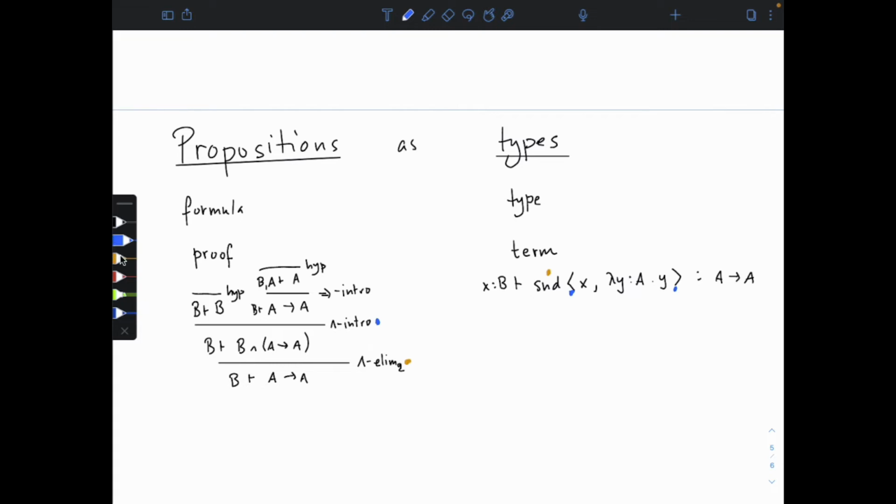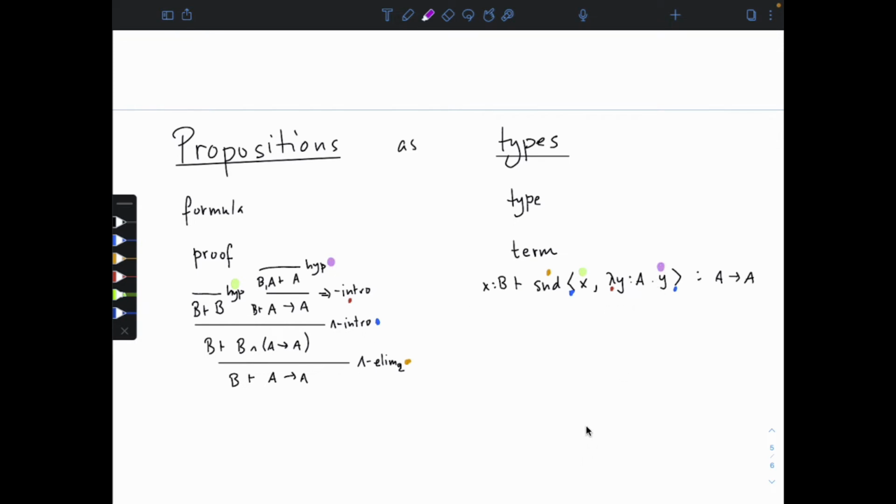Then the lambda is the intro. Then the hypothesis is the variable. Big dot, who cares? Okay. Then I need one more color. Hey, why not this one? This other one corresponds to the other variable.